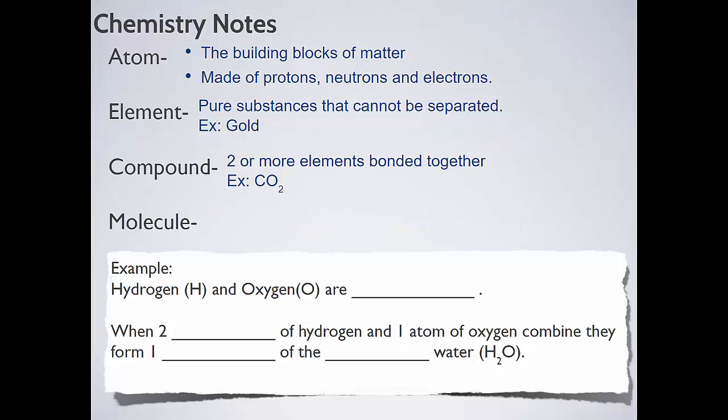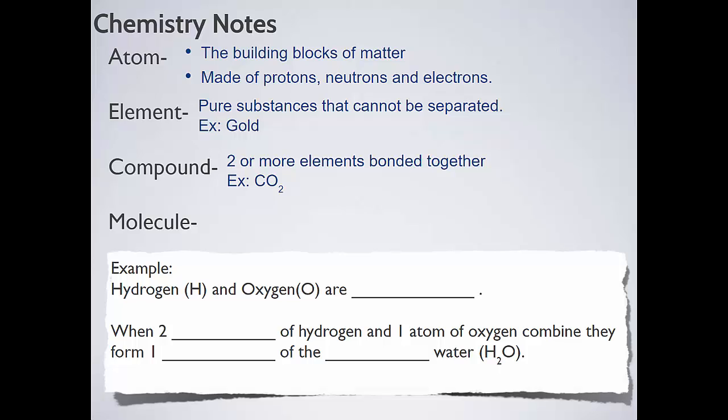Okay, so then we have this term of molecule. If you took some carbon dioxide gas that's in this atmosphere, and I split it into two groups, I would still have carbon dioxide. Could I do that forever? Could I keep splitting it, get smaller and smaller?